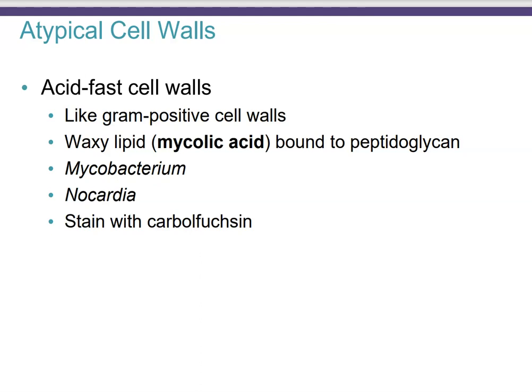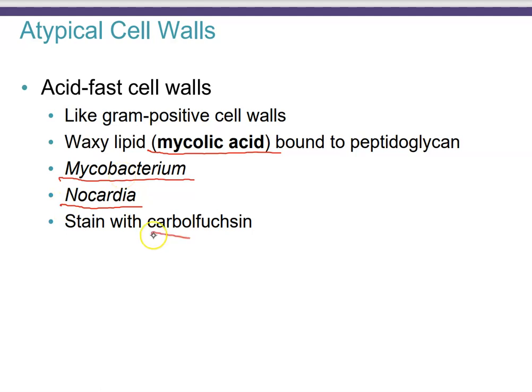They add another component, mycolic acid, in addition to all the other components that the gram-positive cell walls have. So the mycolic acid makes these cell walls even tougher. And the mycolic acid is found in Mycobacterium tuberculosis, for example, Mycobacterium leprae, all of the mycobacteria, and also the Nocardia species of bacteria.